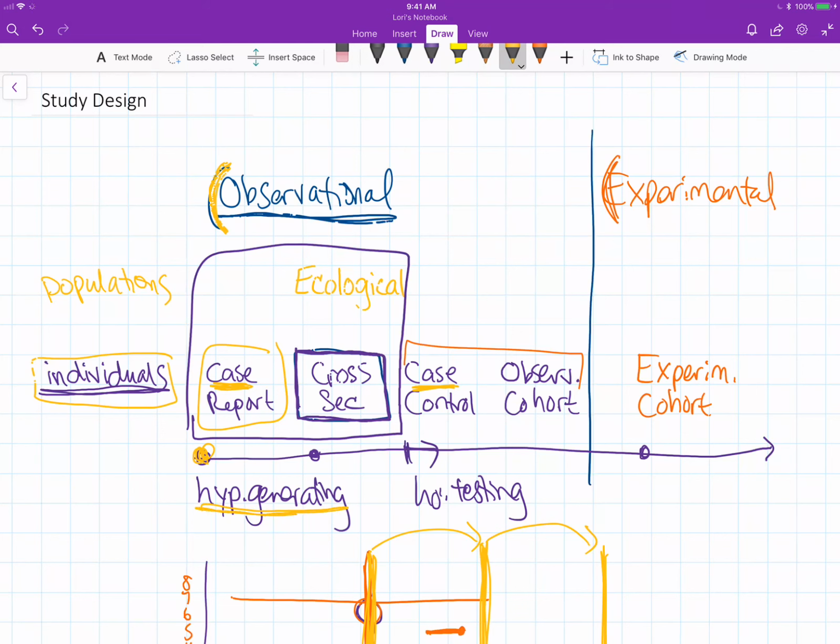And so we really can't test hypotheses with a case report. It's kind of like a really super simple version of a cross-sectional study in many ways, because we're just noticing all these things collectively about a patient, probably pretty much at the same time. So that is a summary of the case report and case series.